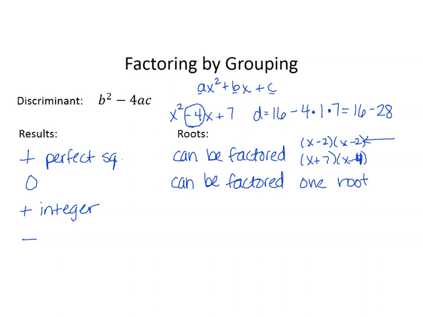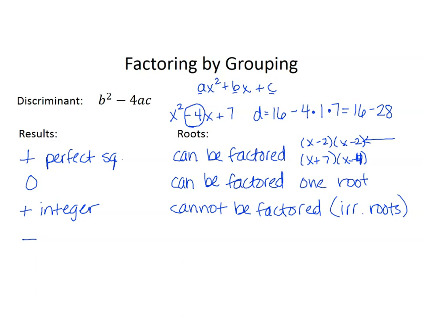If you have a positive integer, that means it cannot be factored. And if it cannot be factored, that means you're going to have irrational roots. And we'll look at ways to solve those.